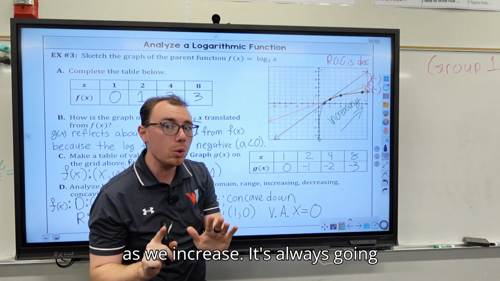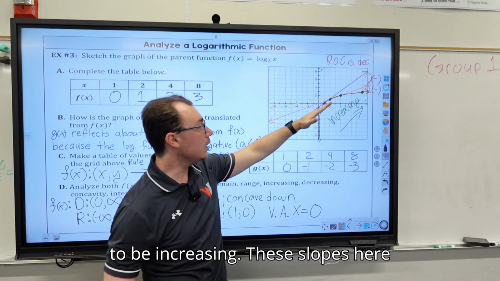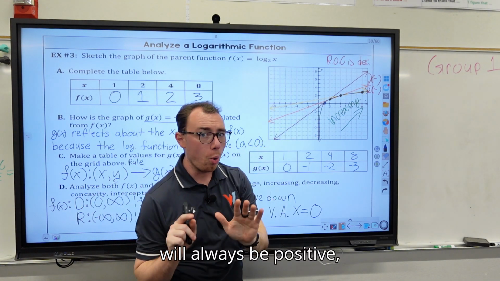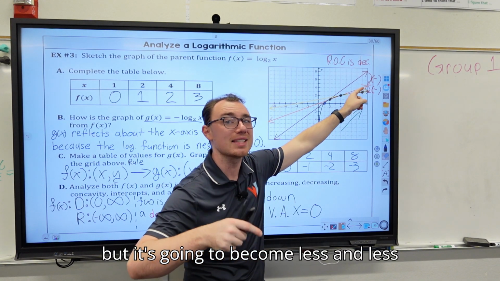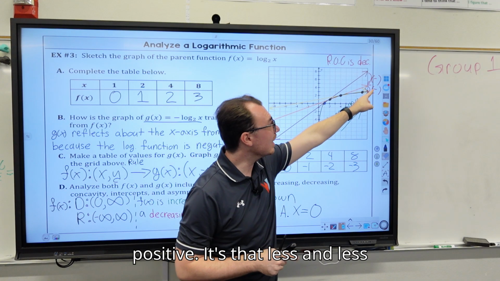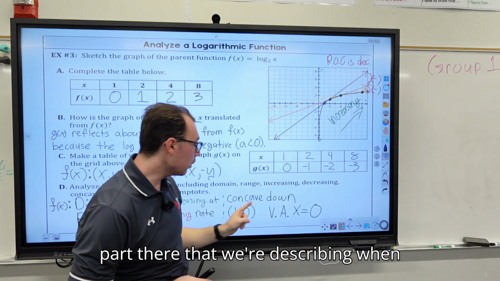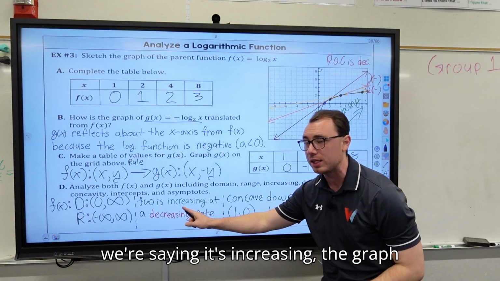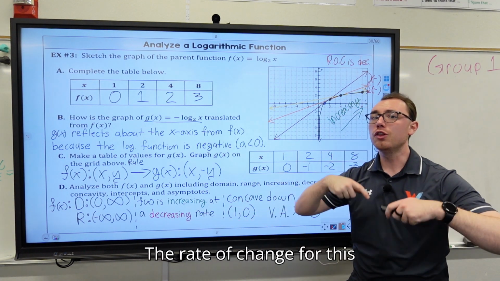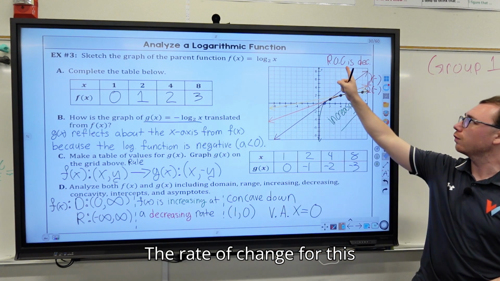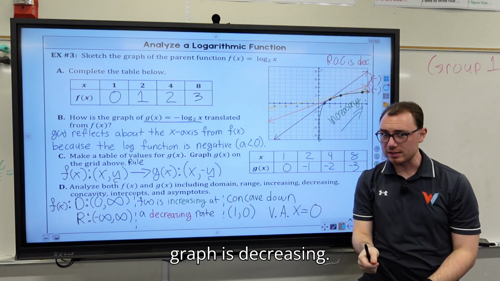These slopes will always be positive, but they become less and less positive. It's that less and less part we're describing when we say the graph is going up at a decreasing rate. The rate of change for this graph is decreasing.